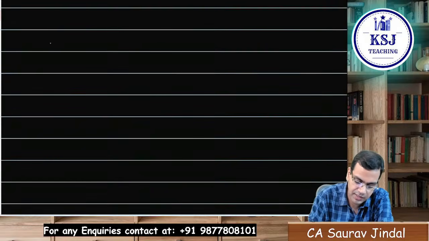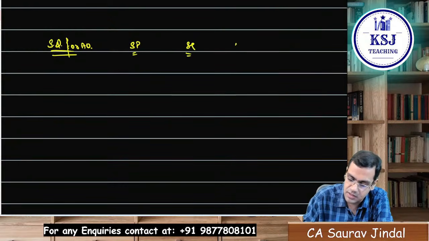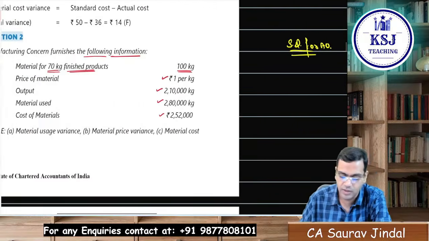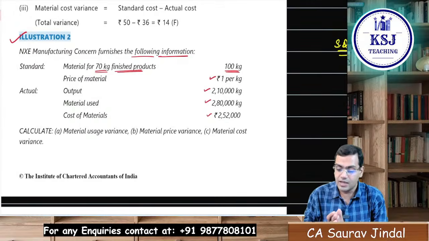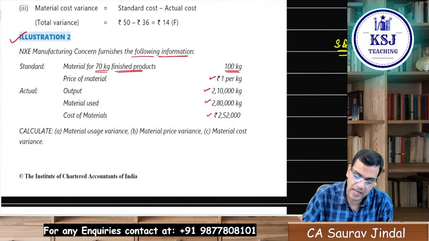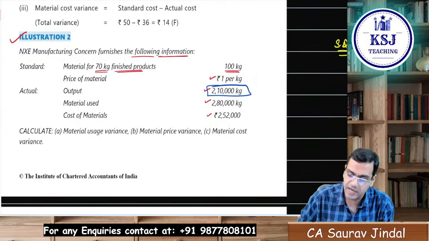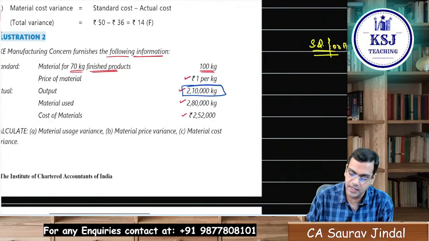Let's prepare the table. Standard quantity for actual output, standard price, standard cost. Actual quantity, actual price, and actual cost. What is the standard quantity for actual output here? The actual output here is 2,10,000 kg. And what is the standard quantity here now?